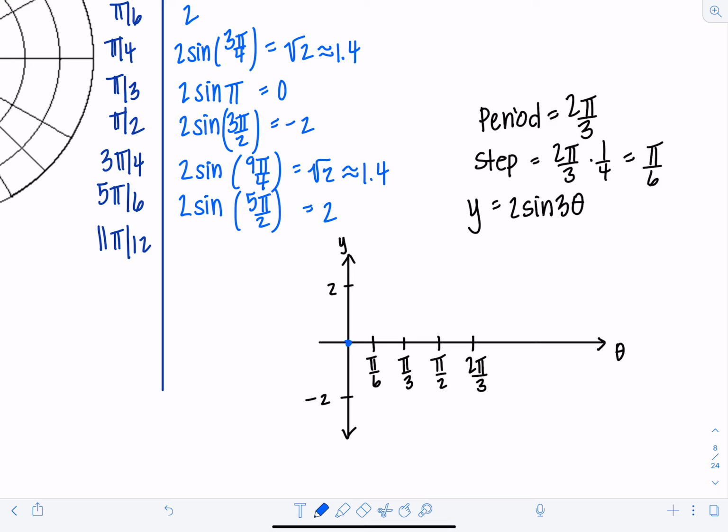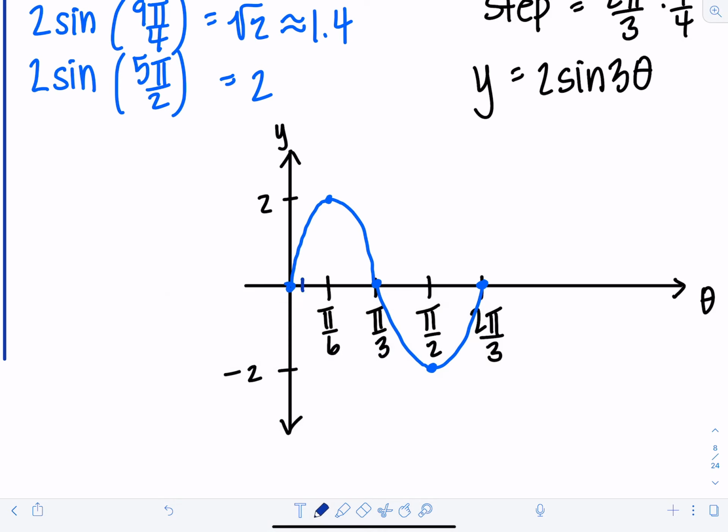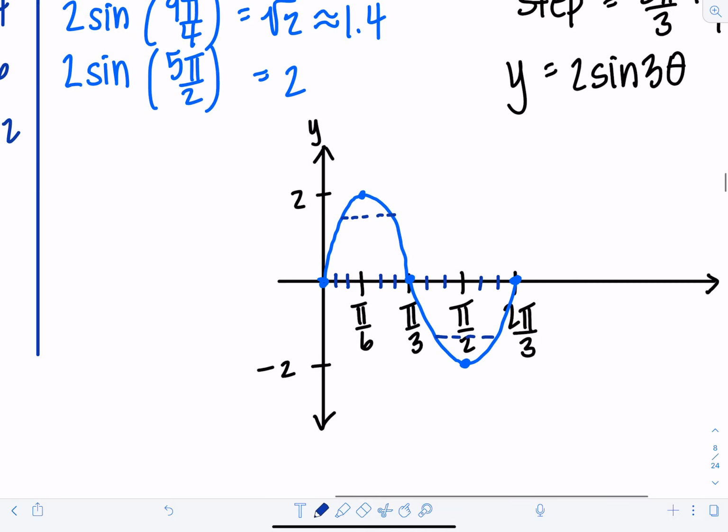So it would start here, go up, back to pi over 3, down, and back here. And then you could gather more points this way. So you could break up this interval here. Here's pi over 18, pi over 9, and you can keep going and get the values from the graph as well, okay? The graph kind of just helps you know when the loop's closing, when you have symmetry, right? When the y values are the same, since we're dealing with sine.